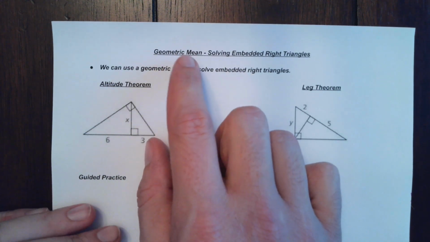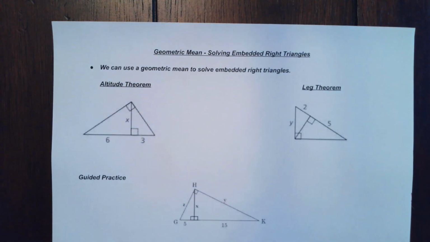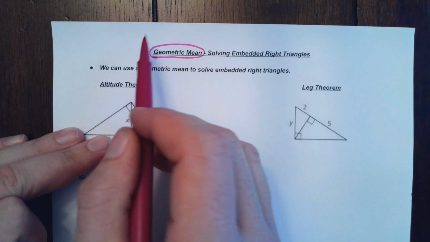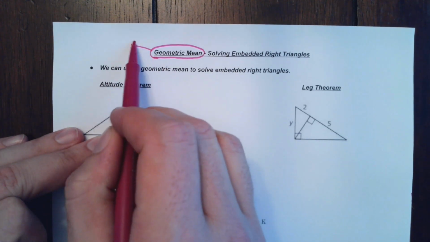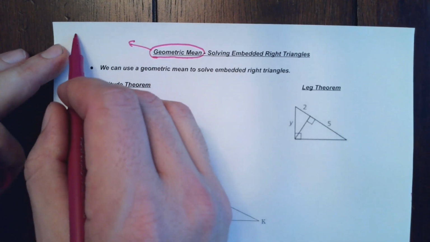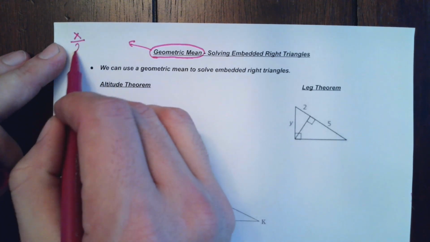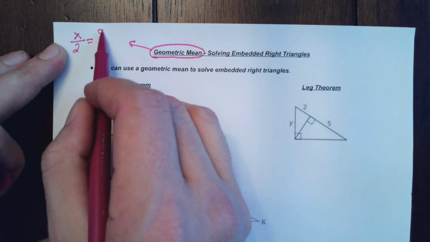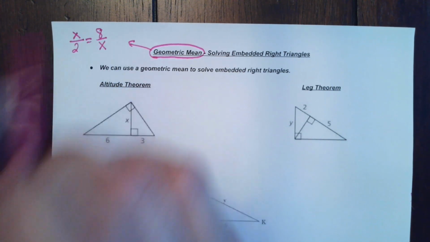That sounds really complicated, but what we want to be able to do is identify a geometric mean. So an example of a geometric mean is something like x over 2 is equal to 8 over x.